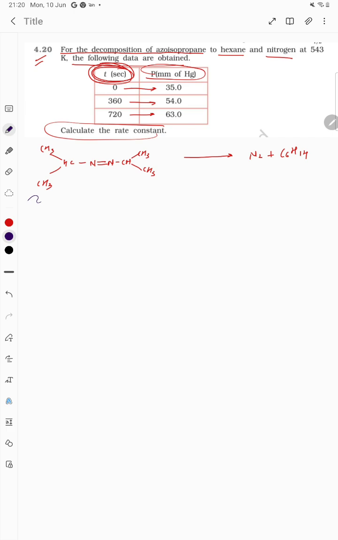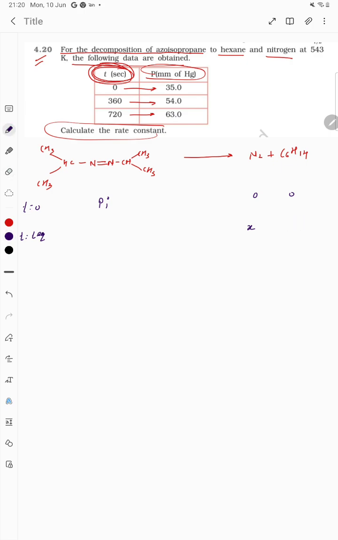When time t is equal to 0, the initial pressure will be Pi. There is nothing else because no product forms at t equal to 0. As time goes on, suppose it forms X of nitrogen and also X of hexane, because the coefficients are the same.